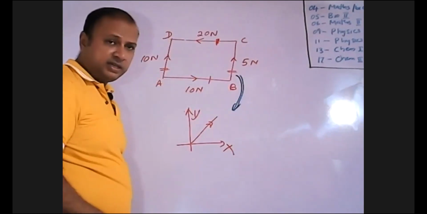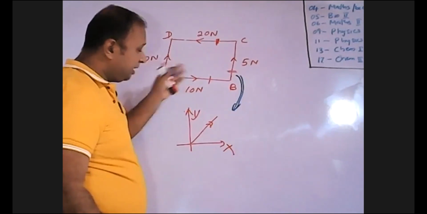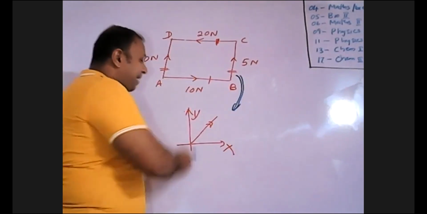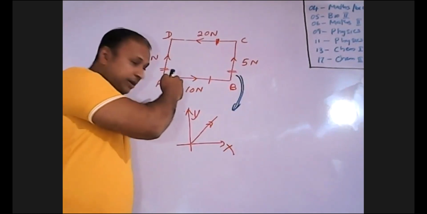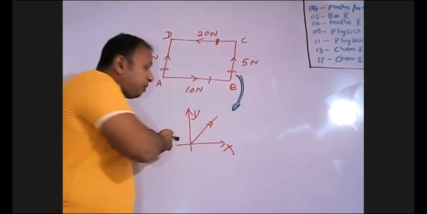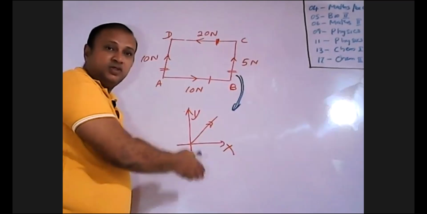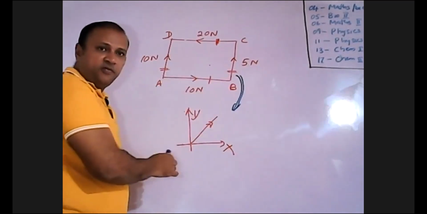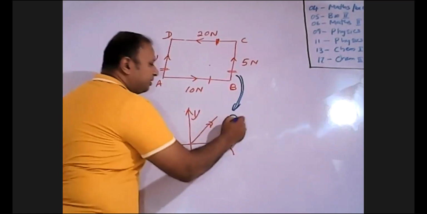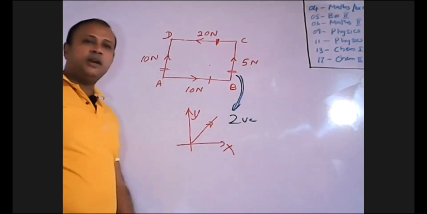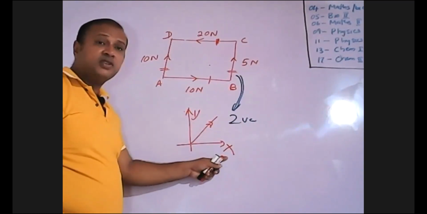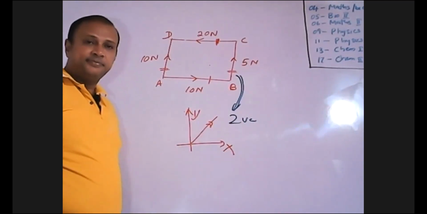Then if I take the resolved components, that means I'm going to take the vectors in two perpendicular directions. That means this four vector system will be reduced into a two vector system. So you have to take the resultant force of these two vectors.